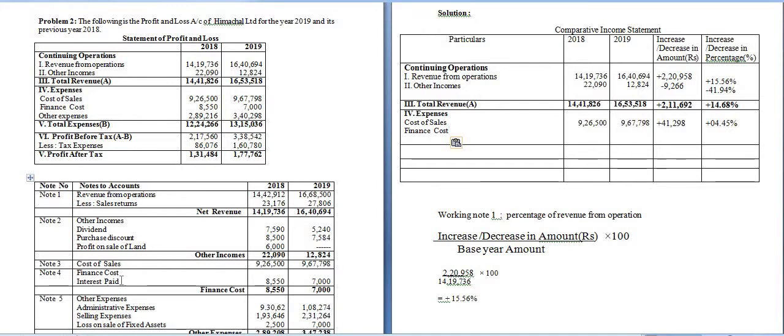What is there in finance cost? Only one expense, that is interest paid: 8,550 in 2018 and 7,000 in 2019. So write this finance cost and in front of that write the amount.